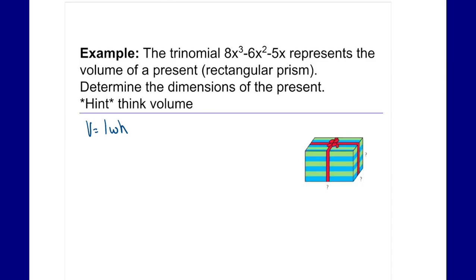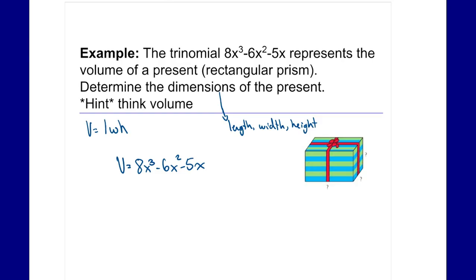I have a trinomial that represents the volume. So volume equals 8x cubed minus 6x squared minus 5x. If I want to turn it into a length, a width, and a height, because when we're talking about the dimensions we're talking about the length, the width, and the height, I'm taking this volume and breaking it up into three factors, the product of three things multiplying each other.